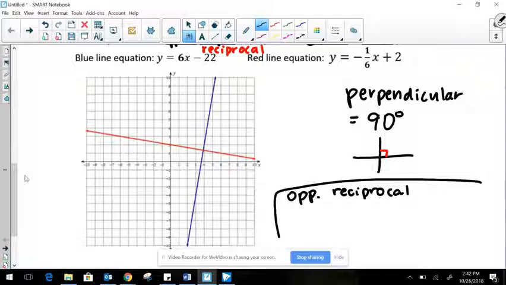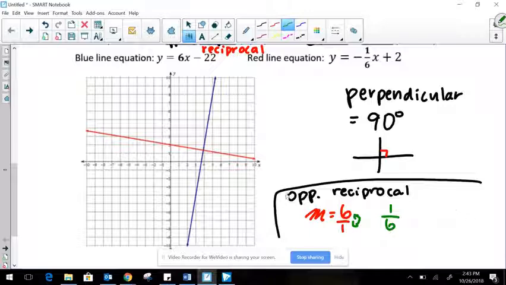The slope of the first equation is 6. Any whole number that we have, I can write it over 1. Reciprocal means I'm going to flip these numbers over, so I'm going to reverse them. I'm going to write 1 over 6.